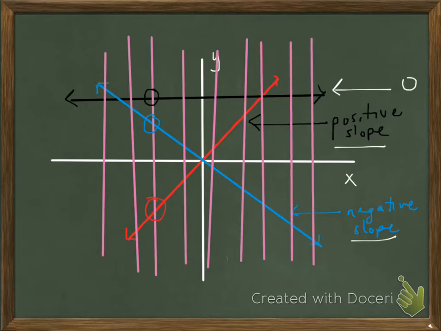Earlier I said a vertical line was not a function. So let's determine why. Why is a vertical line not a function? Well, let's look at it. If this is a new graph, excuse me, not a function, and I perform the vertical line test on this graph, is it only going to hit this graph one time?